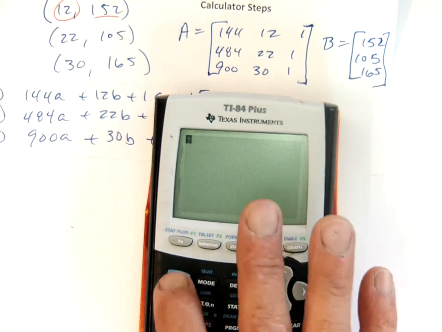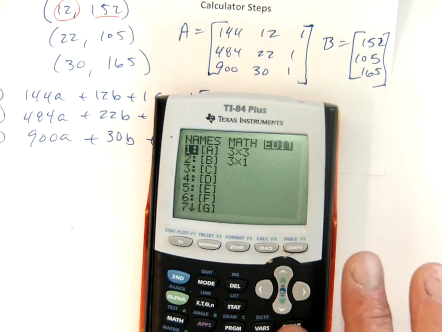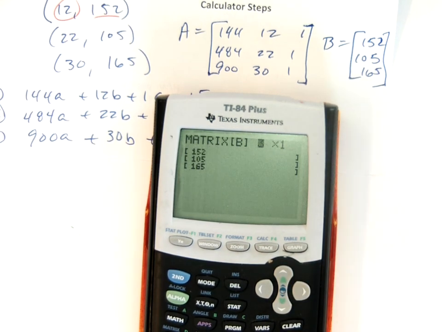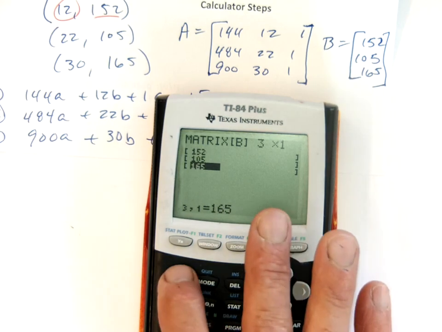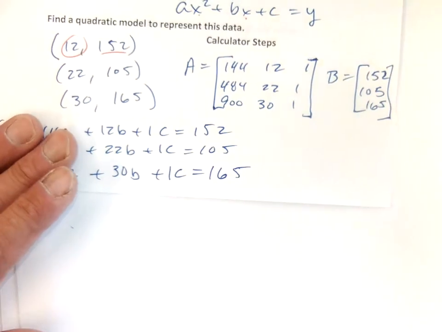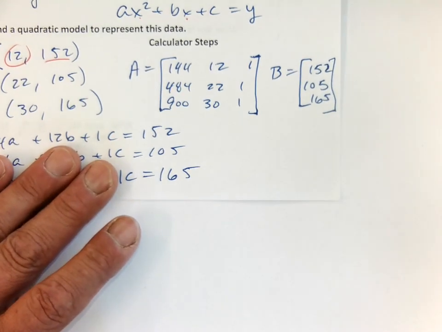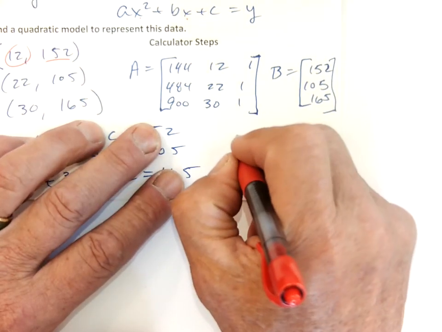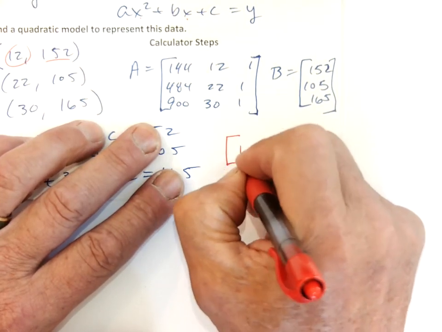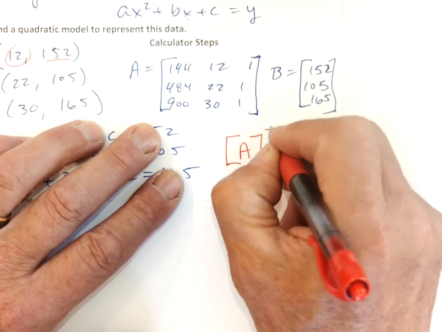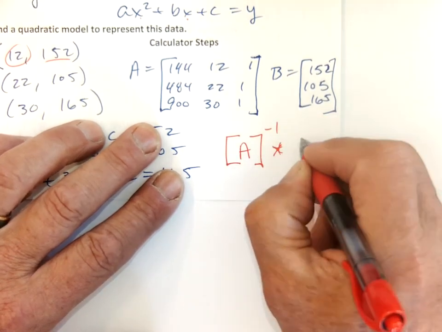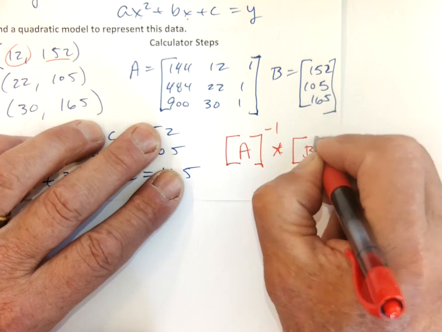We made matrix B, which is a 3 by 1, and we put in the numbers. To solve it like an equation, we did matrix A inverse times matrix B.